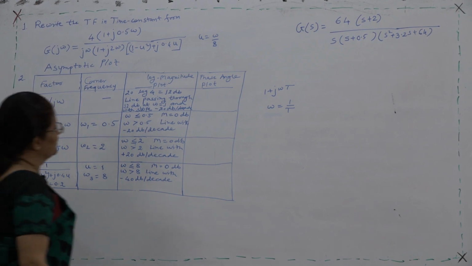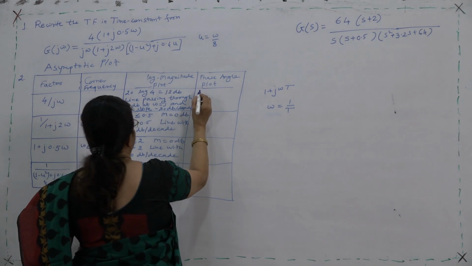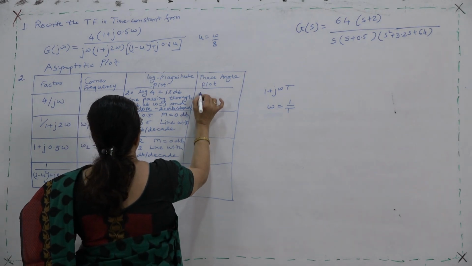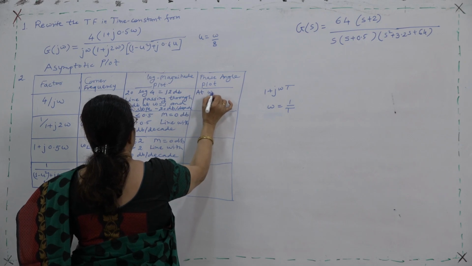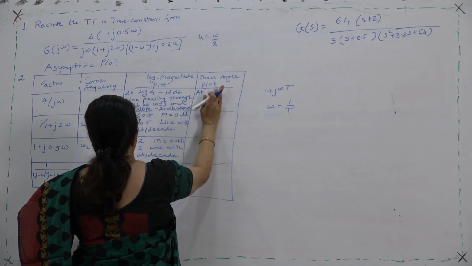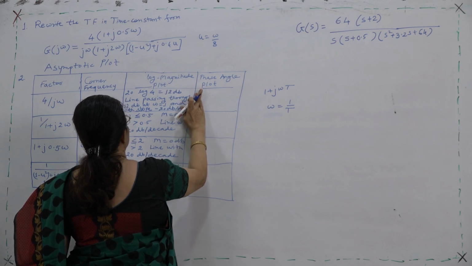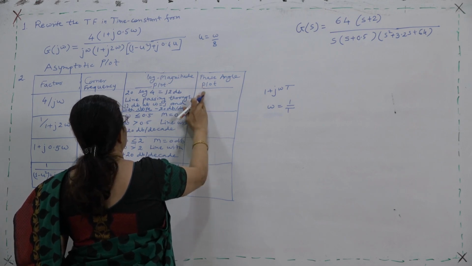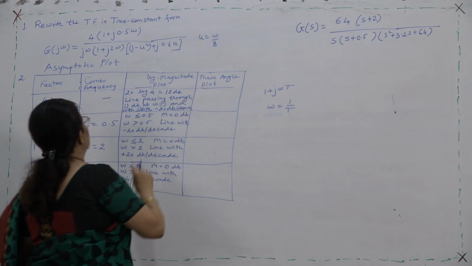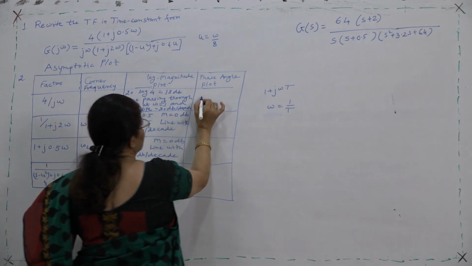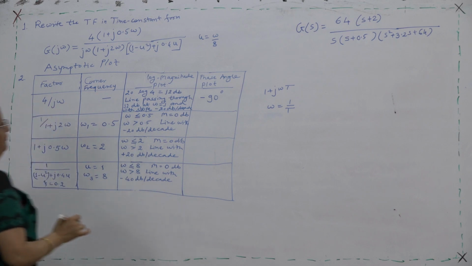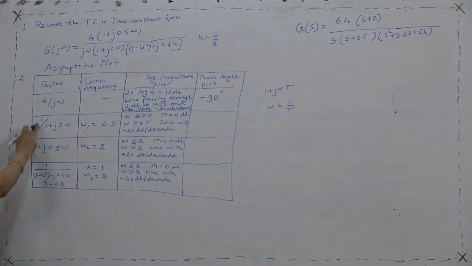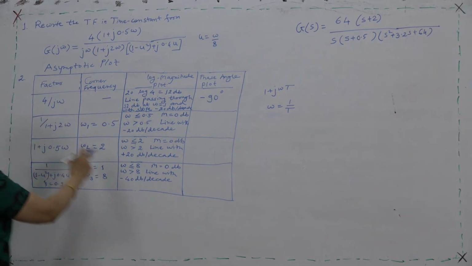What is the phase angle plot? See here, constant k will not contribute any phase angle, 1 upon j omega gives you constant minus 90 degrees angle. For this term it is 1 upon 1 plus j omega t.